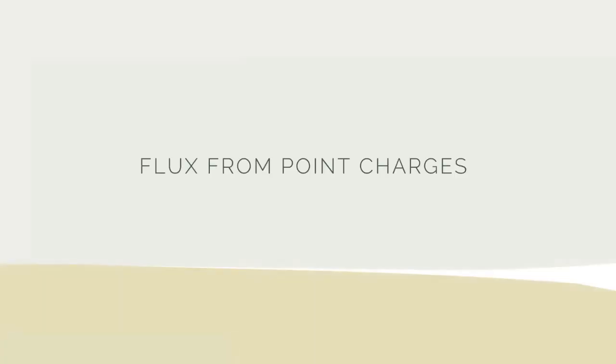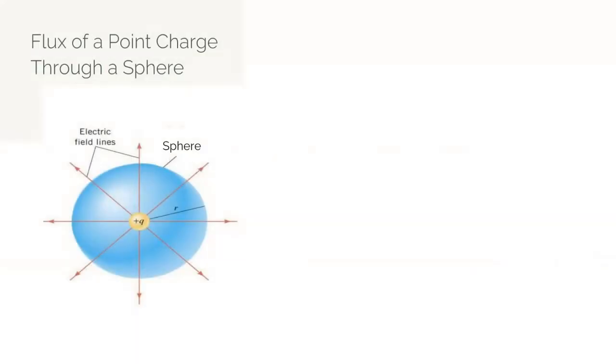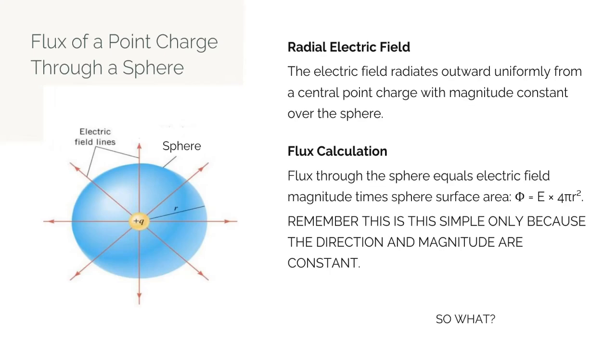Let's look at the flux from a point charge. So we understand this Q, this charge inside of this blue sphere, is going to have a radial electric field pattern. Okay? Now, the field radiates outward uniformly from that point charge, and it has a constant magnitude everywhere over the sphere.